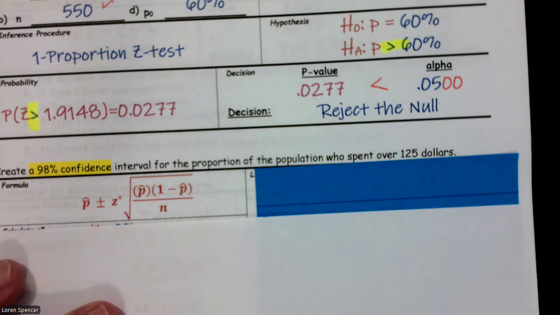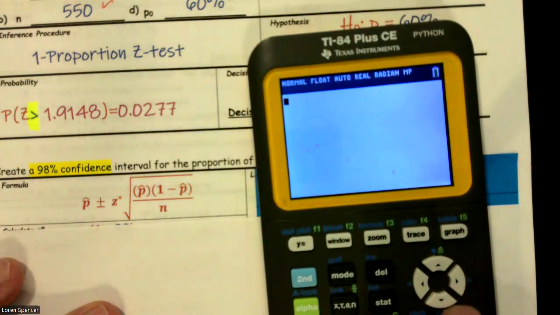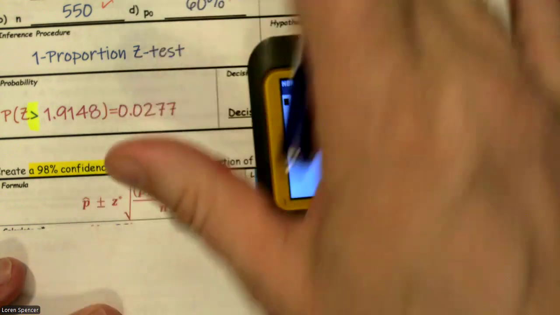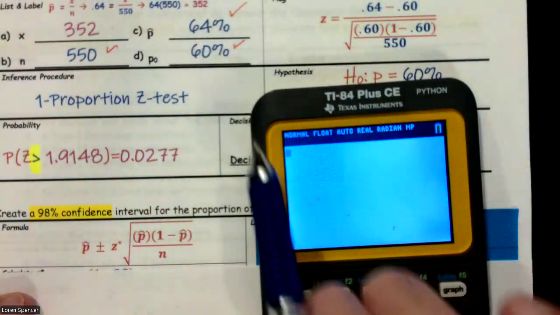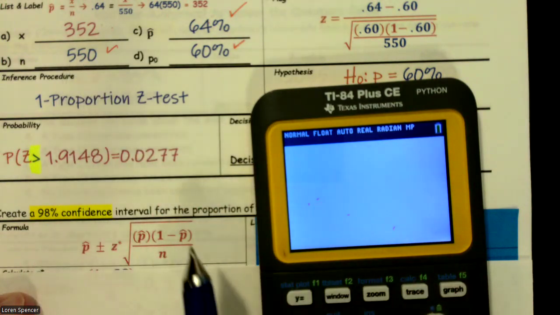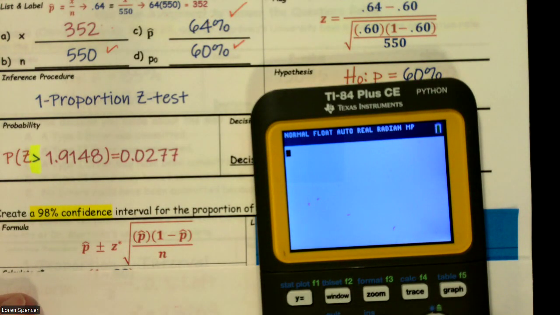All right, to calculate z star, because we already have p hat from up above, we said p hat was 64%. And to plug in, we already have our n of 550. So the one thing we're missing from this is z star.